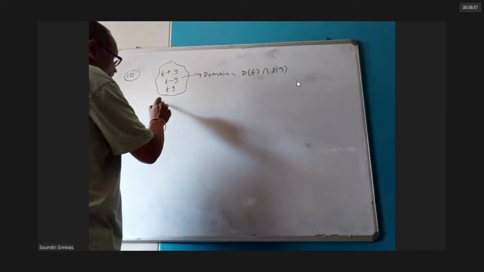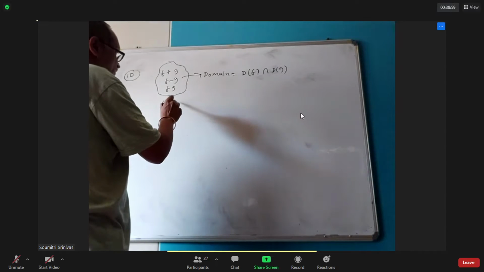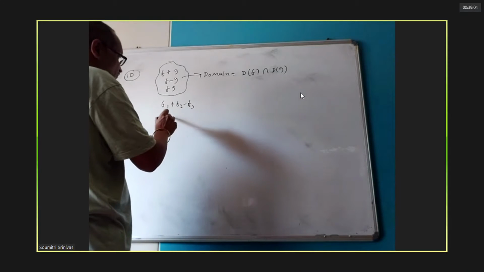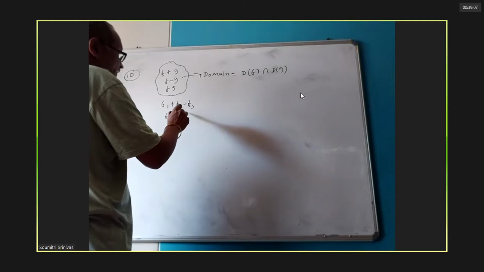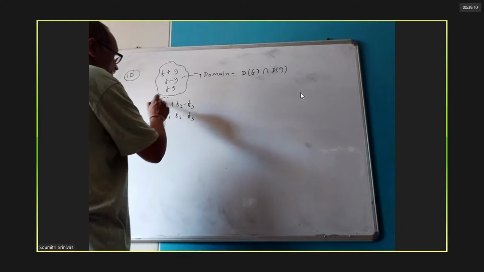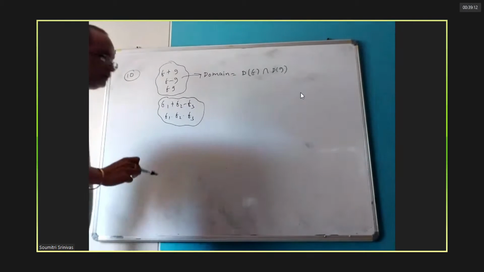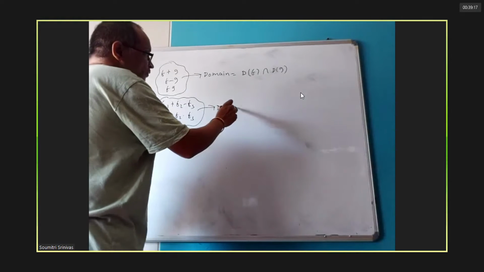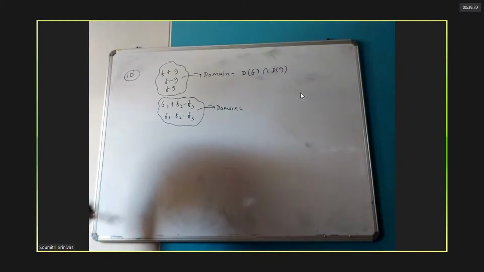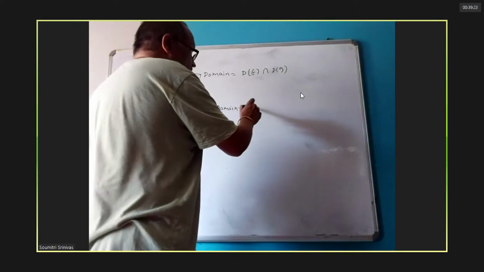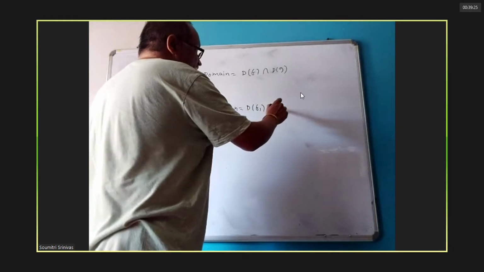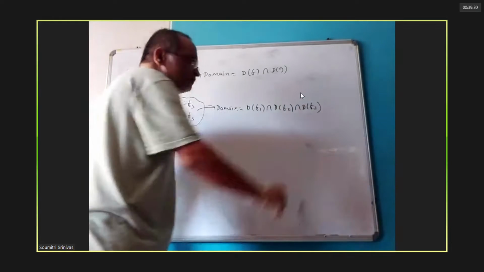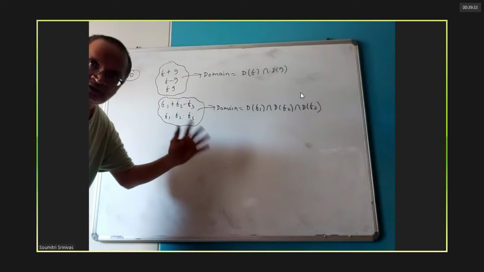If f1 plus f2 minus f3, or f1 into f2 into f3, then also the rule is the same. What's the domain? Domain of f1 intersection domain of f2 intersection domain of f3. Am I clear on what I'm trying to say?